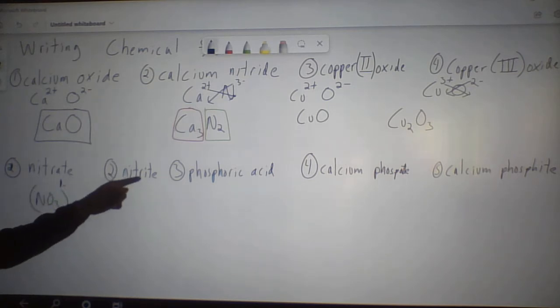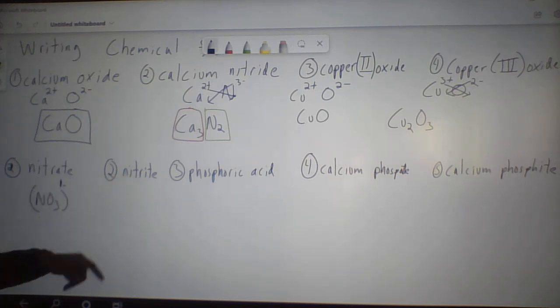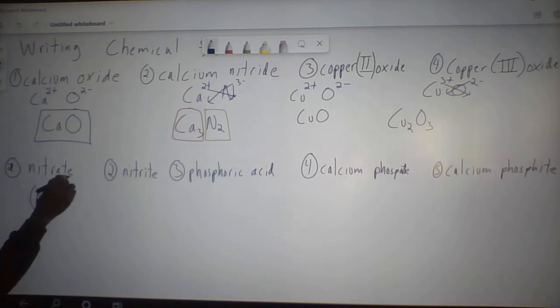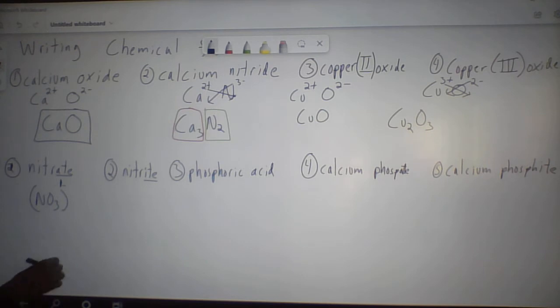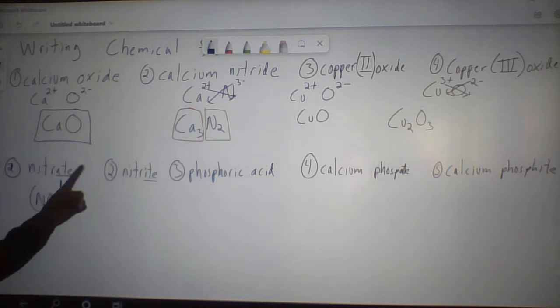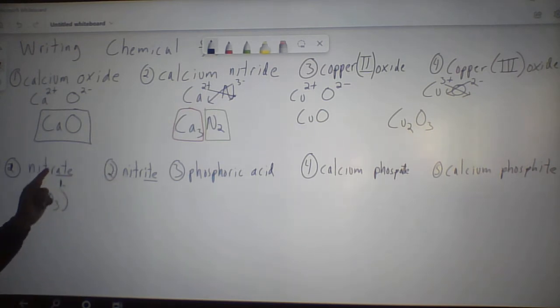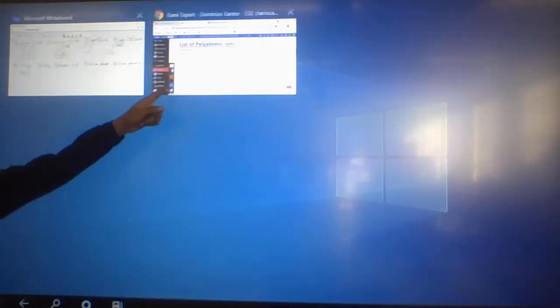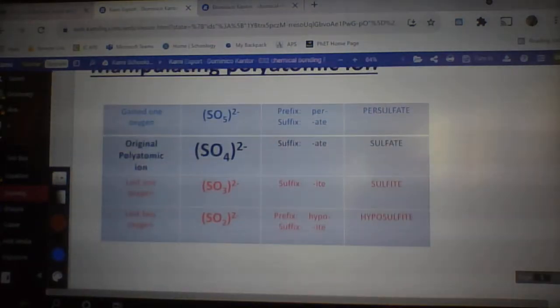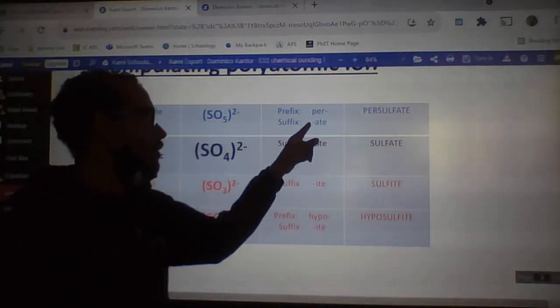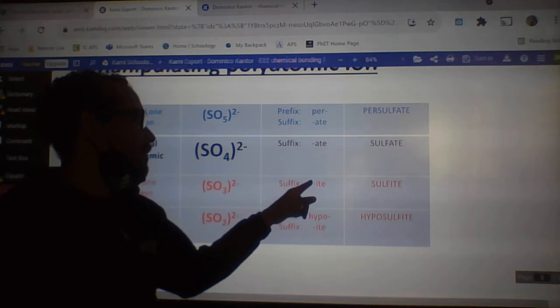Okay, here, this is a nitrite, because I can look at the endings. And I know it's not nitrogen by itself, it has a T. So this must be a polyatomic ion too, but it's going to be different from NO3. So I want to look for the ITE ending. If I look on my chart here, per ATE ending, ATE.